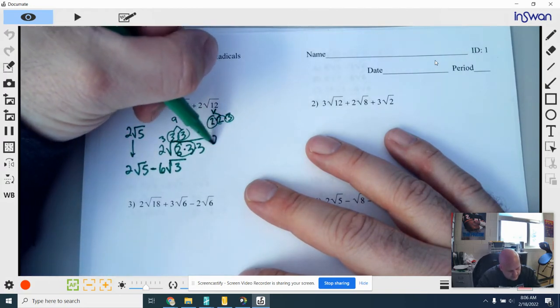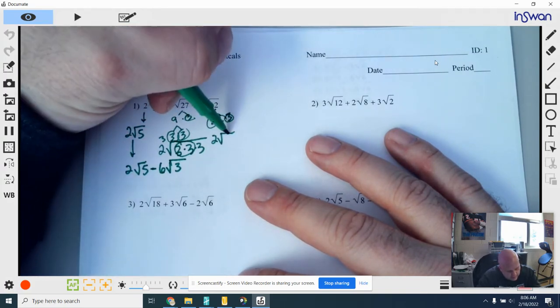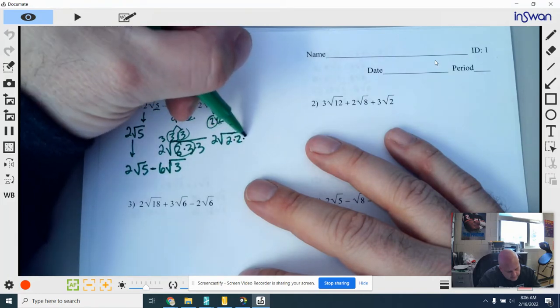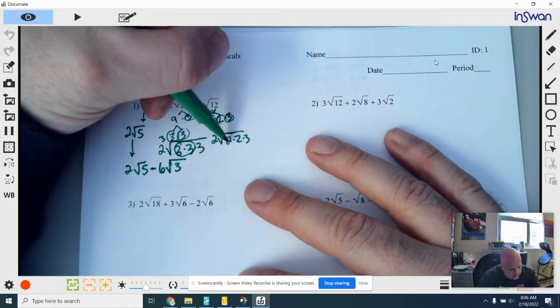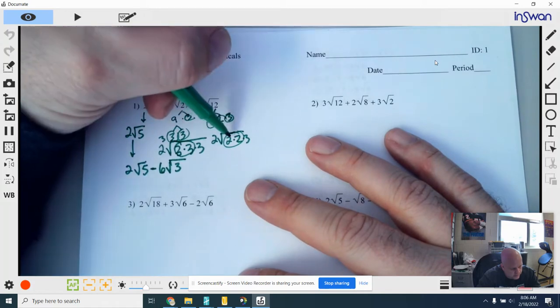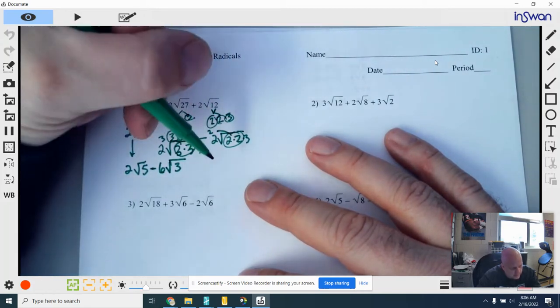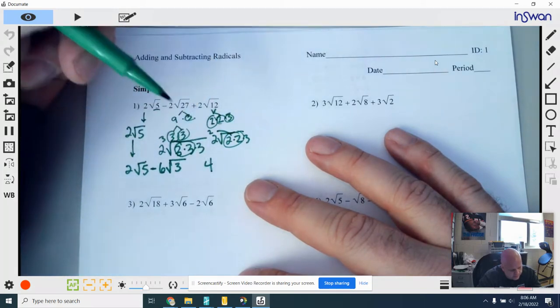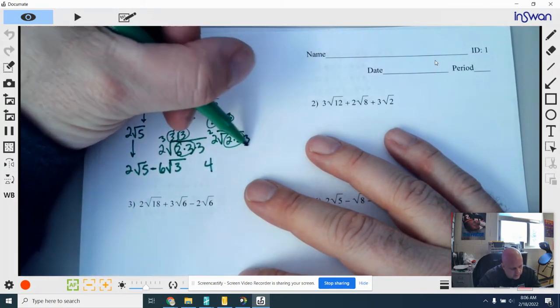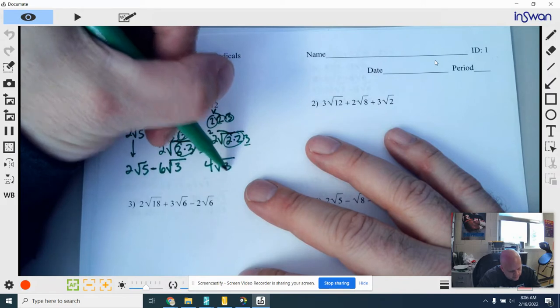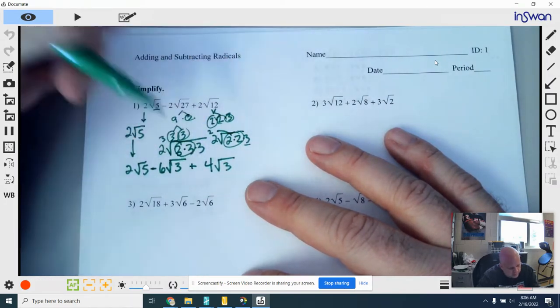So when I piece it back together, you got your 2 outside, and then you had 2 times 2 times 3. Okay, so I have a pair of 2's, so out comes one of them, and it's going to multiply with this 2 here. So 2 times 2 is 4, and then you just got this 1 3 that's left over. Okay, and then that was a plus.